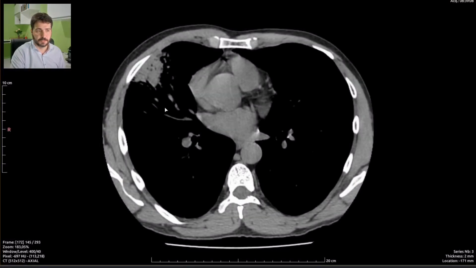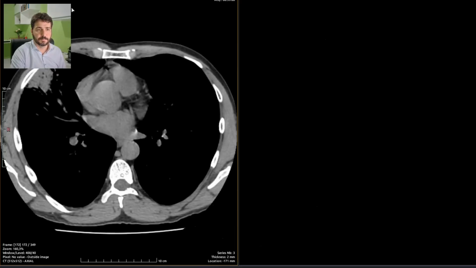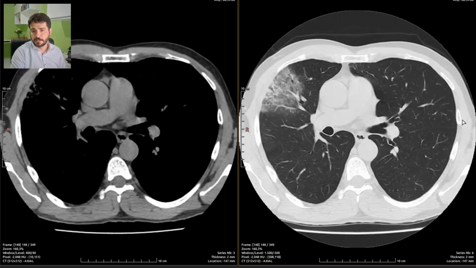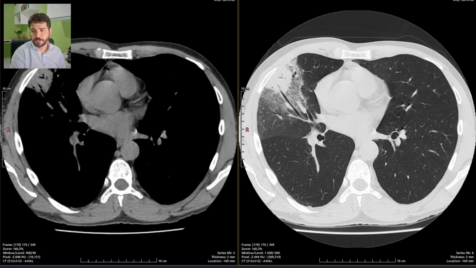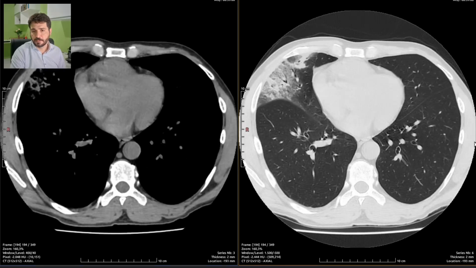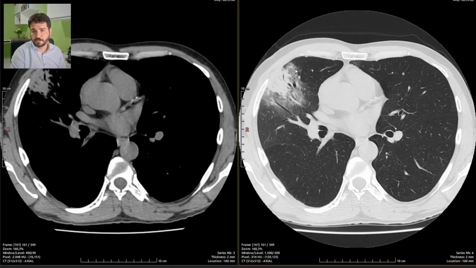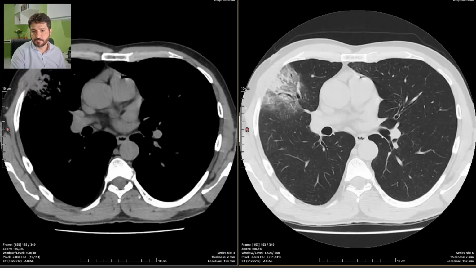It's done. Let's load the images. Yep, I can readily see there is a consolidation on the middle lobe. Yes, indeed. Right here, a major wedge-shaped cortical consolidation with ground glass opacities on its margins.